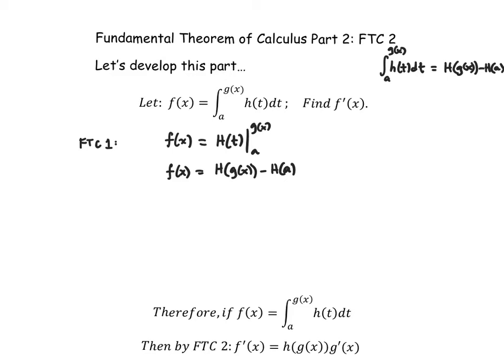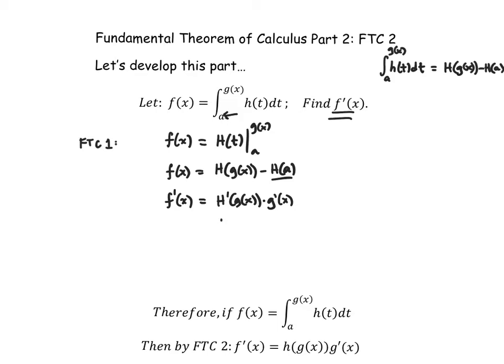All right, let's keep it simple and take the derivative. We're trying to find f prime of x. That would be big H prime of g of x times, using the chain rule, g prime of x, minus, what happens if I take the derivative of a constant? Well, that drops off. What if this wasn't a constant? Then you would take the derivative of h of that function and multiply by the derivative of the inner function using the chain rule.